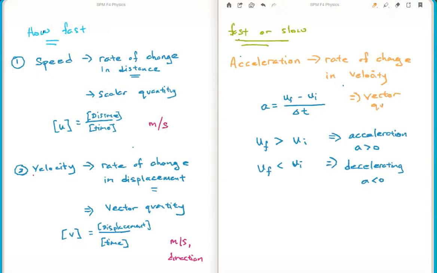Which direction is it traveling? Decelerating in which direction? The denominator is time, and the numerator is speed, so the unit is meter per second squared.